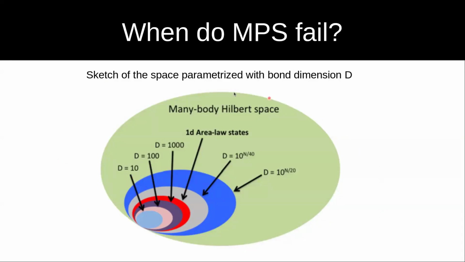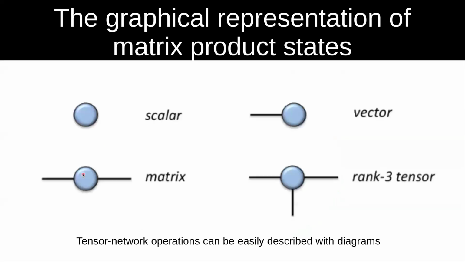Of course, this is not the limit that is interesting for practical purposes, because in those cases, we would have an exponentially large number of parameters. But what is important is that matrix product states allow you to interpolate all the way from simple product states to fully entangled states that cover the whole many-body Hilbert space.